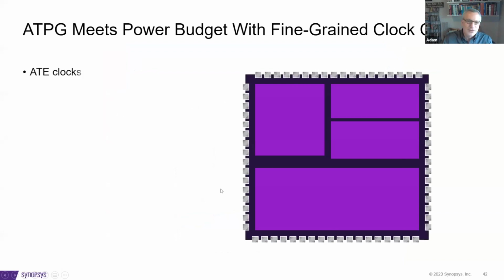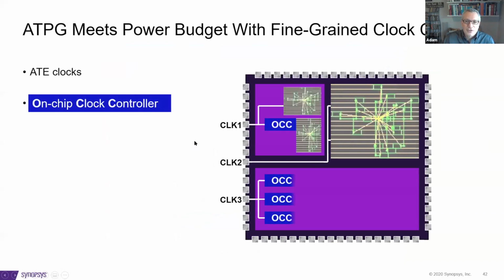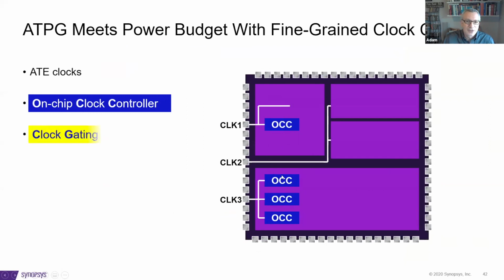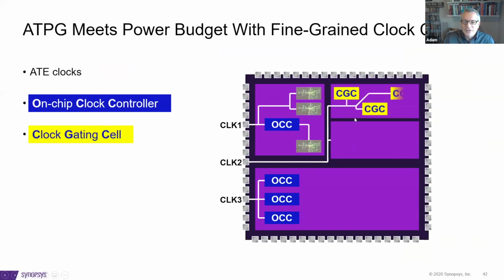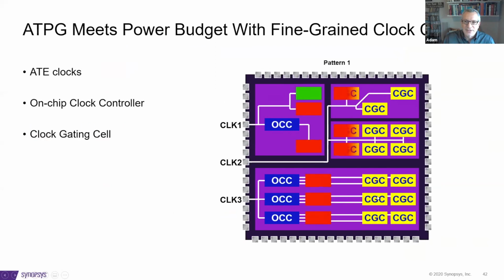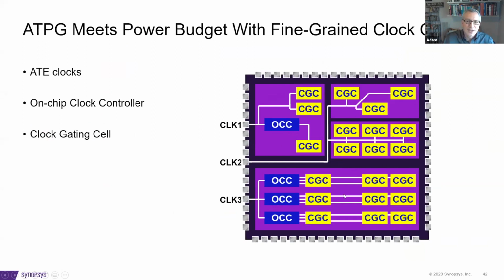So the tools can very easily mitigate switching activity by turning off the clocks during capture, or as I mentioned, using the clock controllers as well. On-chip clock controllers can be just not turned off during the capture operation, or we can leverage all those clock gating cells that have been dropped in here and there, and we can, on a pattern by pattern basis, enable a couple of clock gating cells for one pattern, and enable some other clock gating cells for another pattern, thus again reducing the switching activity during capture.